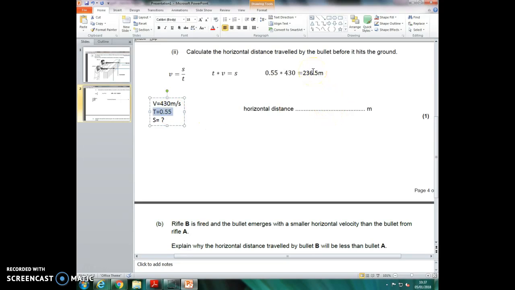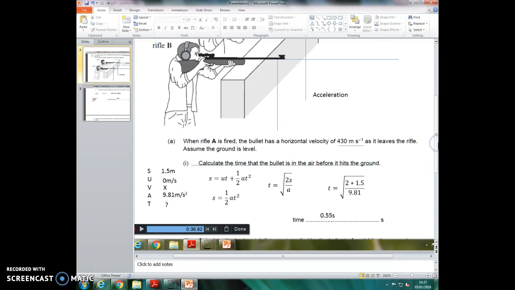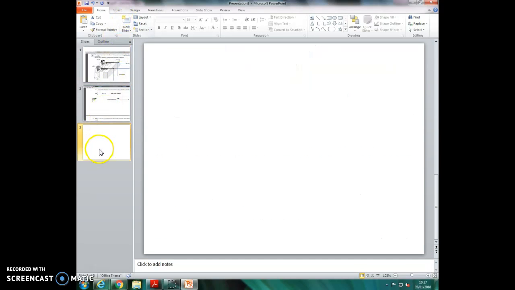So we're going to round that to 240. So that's the answer to that one. Now the trick to that is just knowing how long it's actually travelling in the air. Let's have a look at the next question.